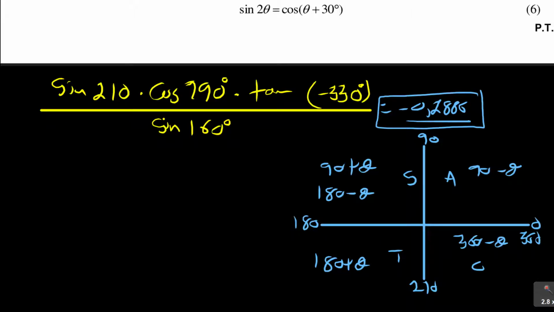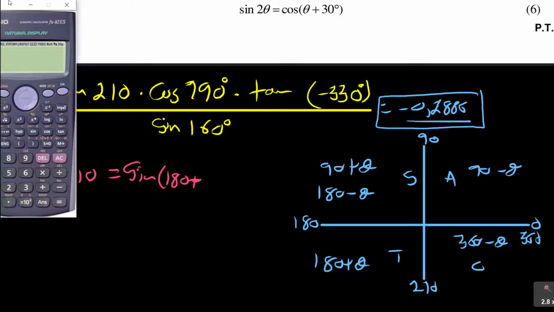Now look at the first one. What are we given? We are given sine 210. What will it simplify to? Which quadrant is this? 210 is in the third quadrant, so it's sine (180 plus what)? What number must I add to 180 to get 210? Subtract 210 minus 180.